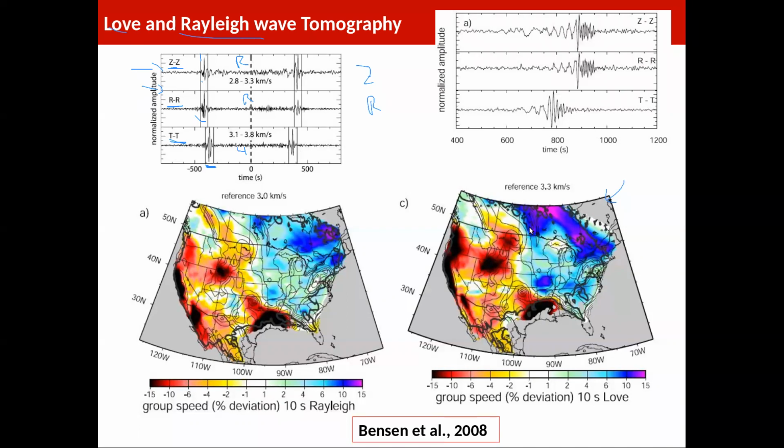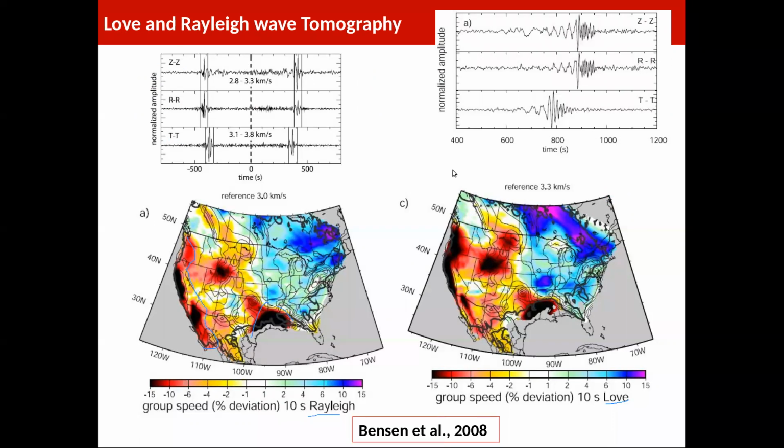Okay, and so I think these two maps show the tomography using the ambient noise method for stations in the United States. This is the Rayleigh wave, this is the Love wave, and you can see that the first order information, the pattern of the velocity distribution, is almost the same. There are pronounced low velocity anomalies in these areas.